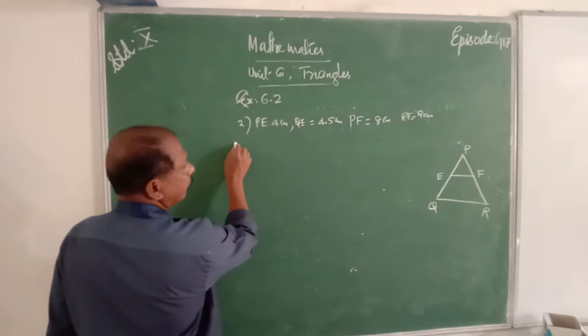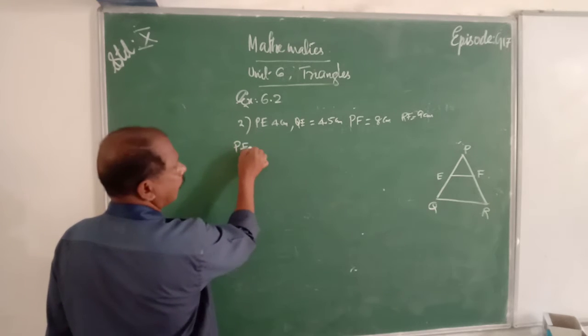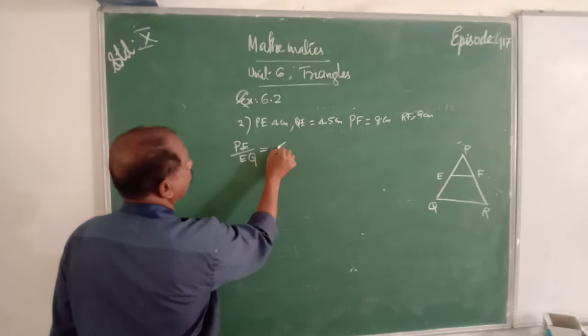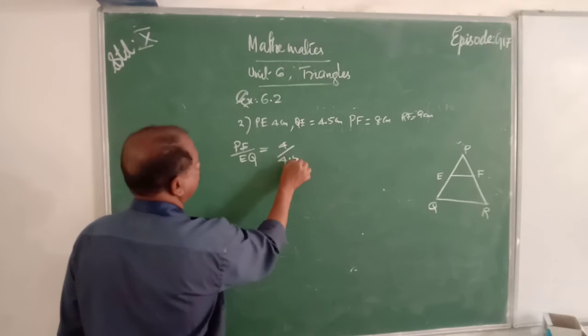Similarly, PE by EQ is equal to 4 by 4.5.